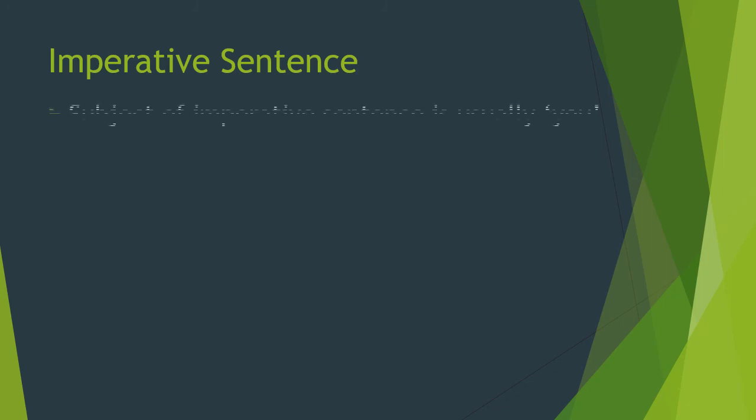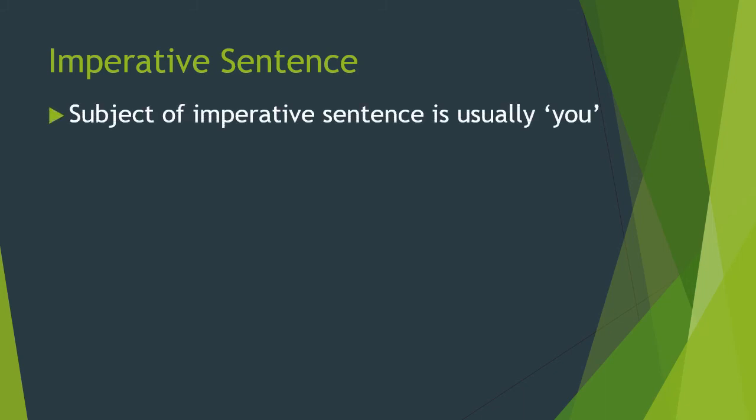Let us learn how to change an imperative sentence into passive voice. An imperative sentence is nothing but giving advice, giving an order or making a request. In an imperative sentence, the subject is normally not mentioned and is understood as you.